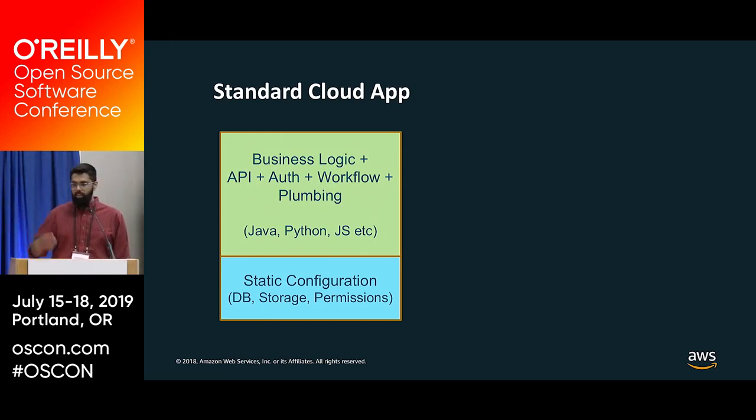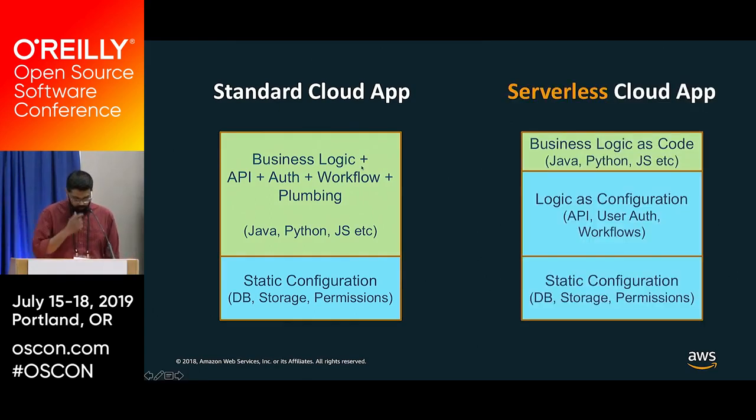And then you have a little bit of configuration that provisions resources for you, say your databases, or probably a Terraform script, or a Puppet, or a Chef script to spin up instances, something that manages instances and maintains health for you, and all those things. In serverless, you still write business logic as code, but that's just a little bit, and that's exactly the business logic that you have to care about.